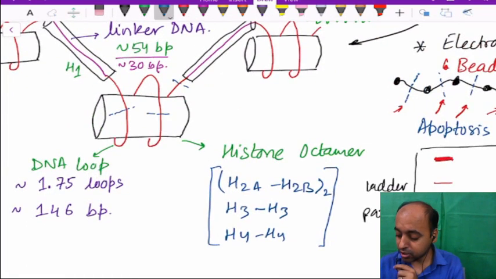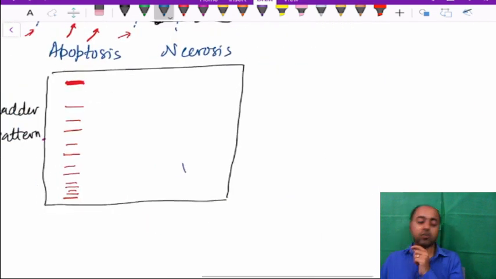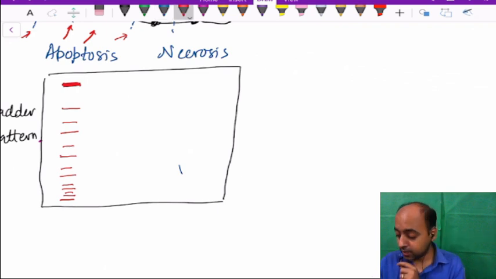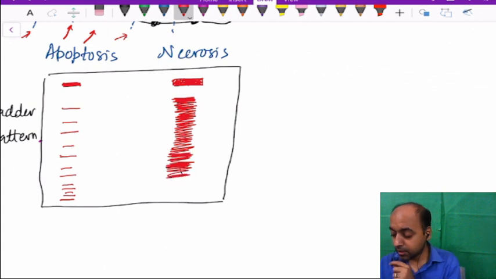There is no sanctity of the shape of the DNA, and that is why if you have the well here, in this case what you get is a pattern like this. The nucleic acid of all sizes may be seen because the cleavage can occur anywhere, and this is what we call the smear pattern.